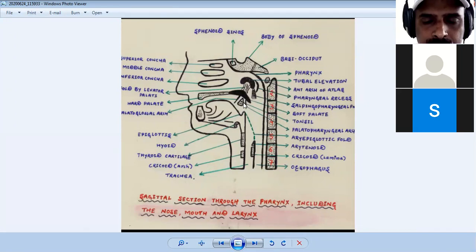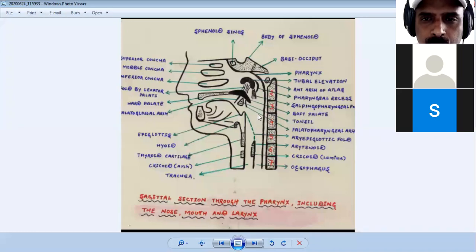If they are enlarged, commonly causing fever and other complaints, with repeated occurrence of tonsillitis and the child or person becoming sick, at that time we advise tonsillectomy. Surgical removal of the tonsil is called tonsillectomy.